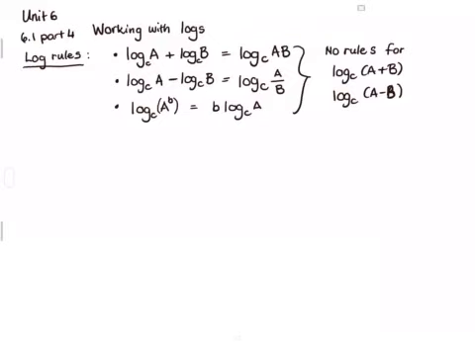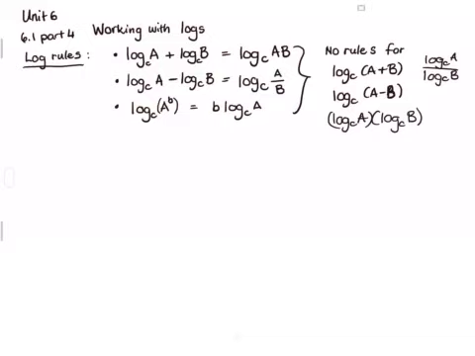Log minus log, which becomes a single log that you divide. But there are no rules for these. There's also no rule for log A over log B that you divide. There's no rule for log A multiply log B. So make sure these rules only work in this way.